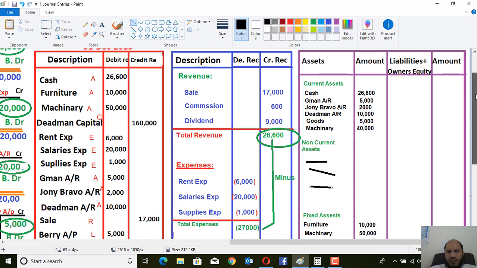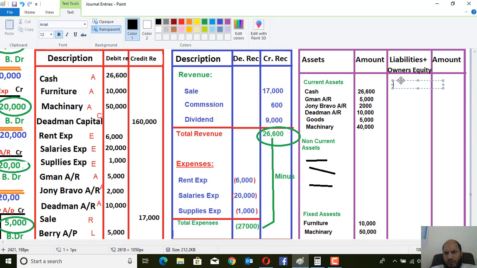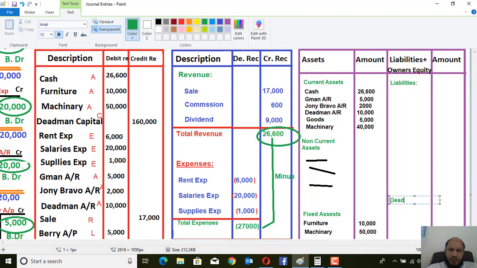Now, dear students, let's go towards the liability portion. So see, these are the liabilities. We do not have liabilities over here, and here we also have the owner equity.